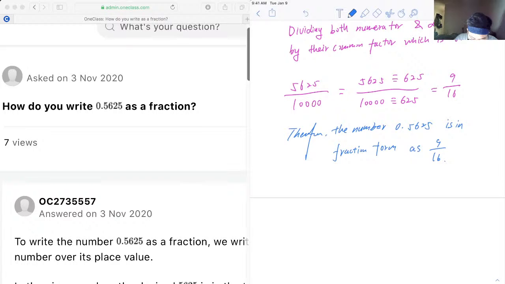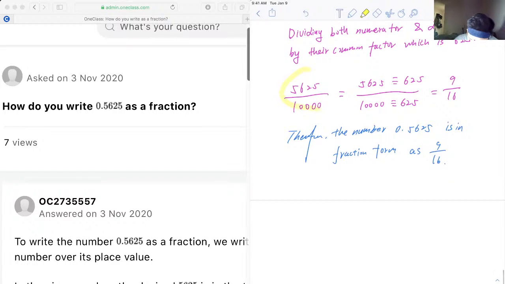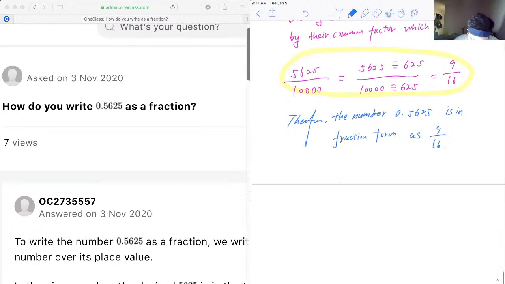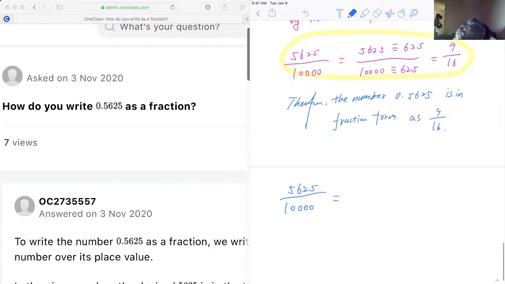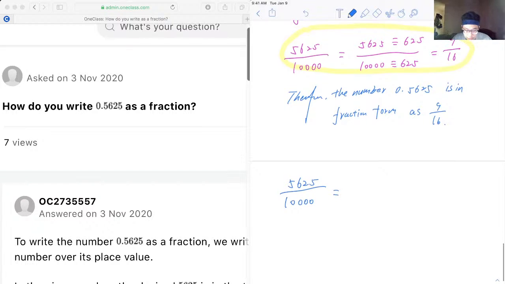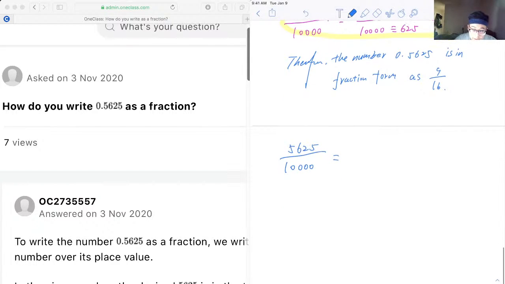So just want to bring this part up a bit. When you have 5625 over 10,000, if we don't know the common factor is 625, we can always start by dividing this by 5 because we know the numerator and denominator either end with 5 or end with 0. So that can definitely be divided by 5.